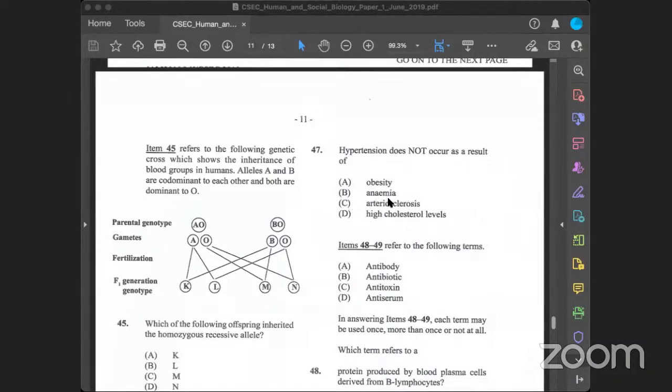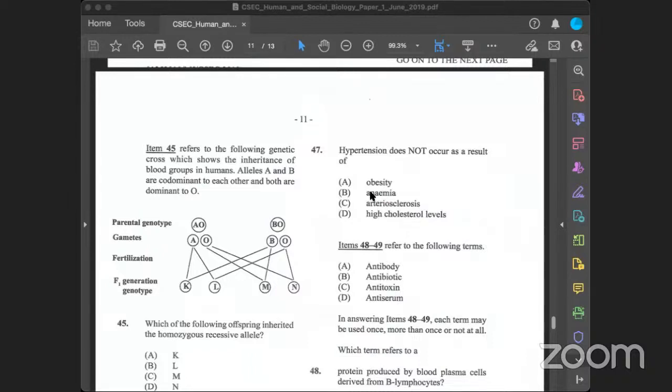So the answer is C here, right? Yes, no? Y'all very guilty. Y'all not saying anything. It's not gonna be C. They're asking which one does not contribute. Anemia, sir? Yeah, anemia is your answer.